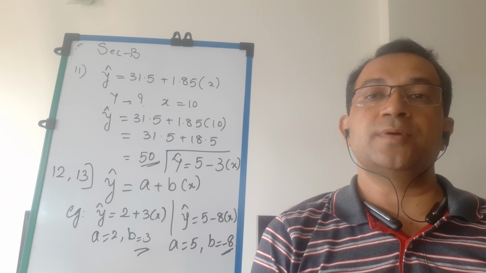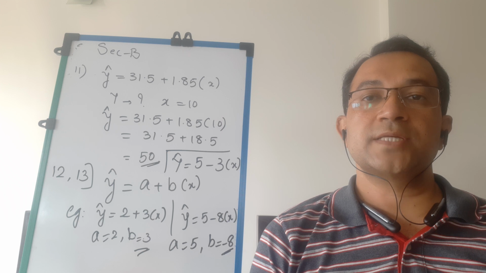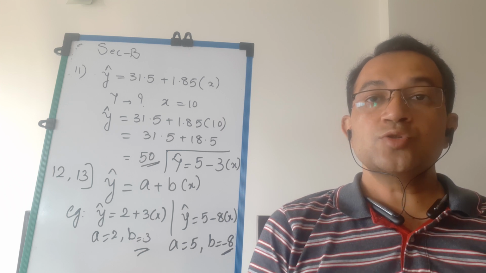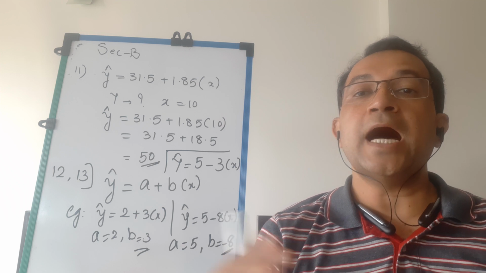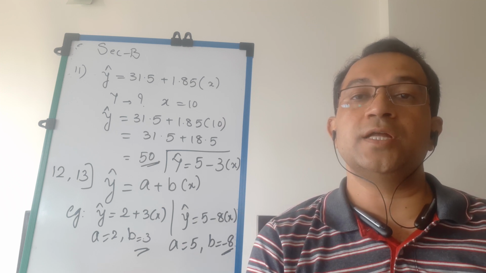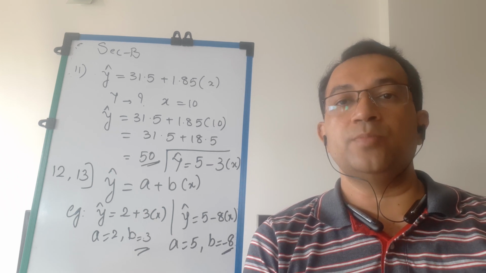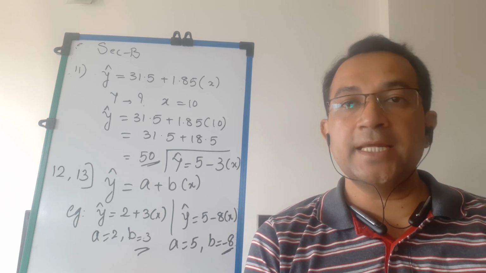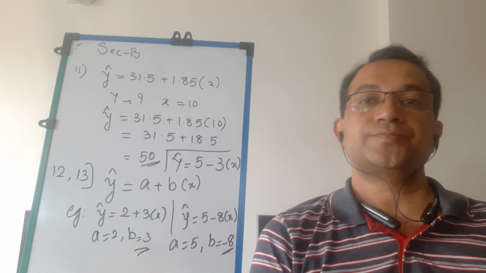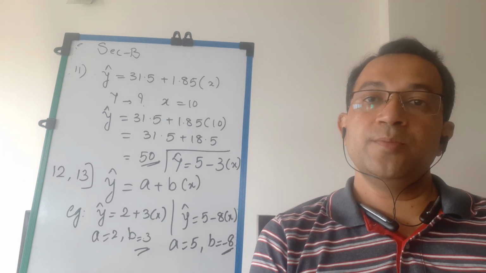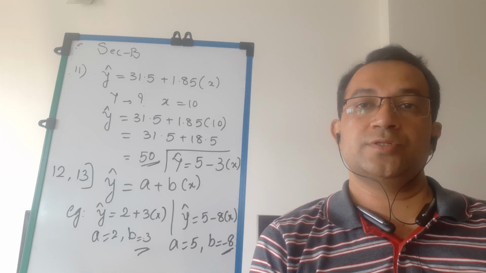So it indicates perfect negative correlation between the variables x and y. So indirectly, students, the sign of b and r, the correlation coefficient, are related. If b is positive, r is equal to plus 1. If b is negative, then r is equal to minus 1. Very important concept, very important VSQ, students.